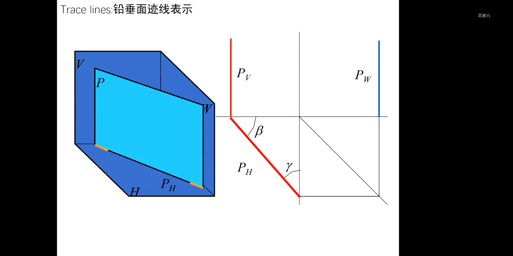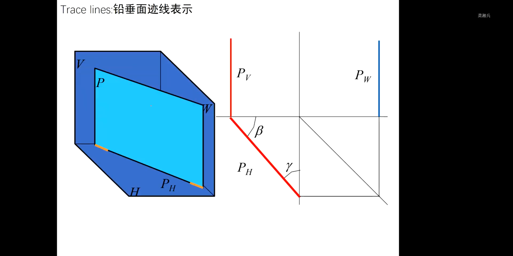Remember the tracing line is obtained by extending this plane, and it gives the intersecting lines of this plane with the three kinds of projection planes. So the tracing line is PH. This angle is beta, this angle is gamma, and this one is PV. Extending here, you can find the PW. So these are the tracing lines, the intersecting lines.